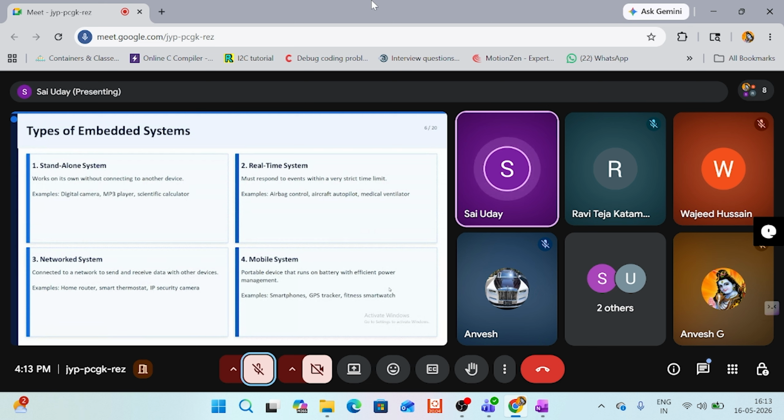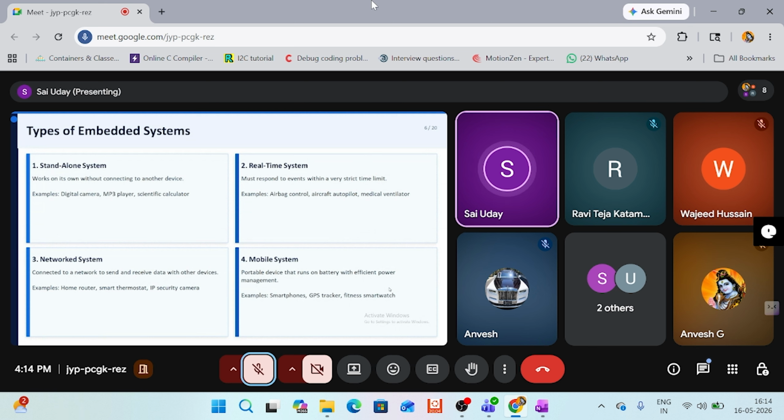Next is real-time systems, where time is everything, and they must respond to events within a strict deadline. Think of aircraft autopilot or medical devices. Then network systems: these talk to other devices over the network, like smart thermostats or home routers.